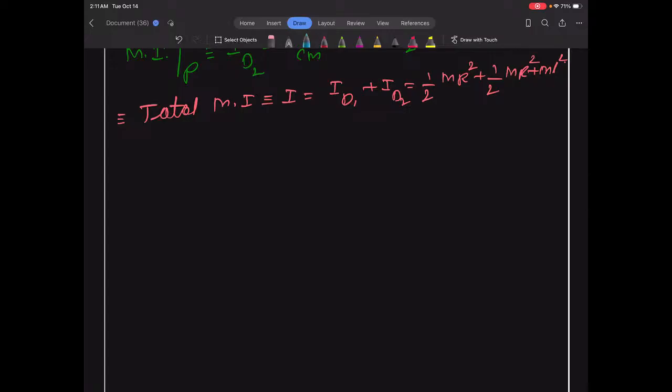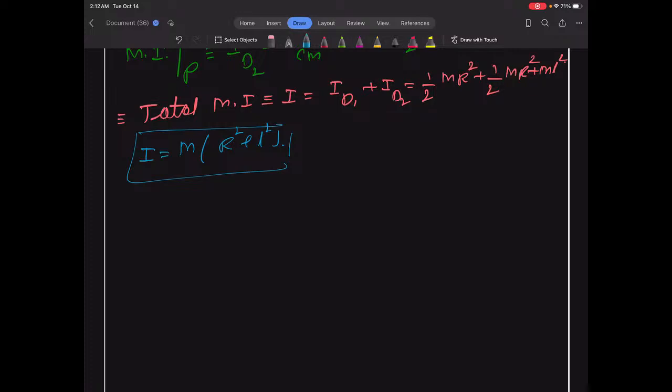And this half and half is going to give us 1, so this comes as mr square plus ml square. Therefore, we can write that our moment of inertia I, we can take m as common, so this comes as our r square plus L square.